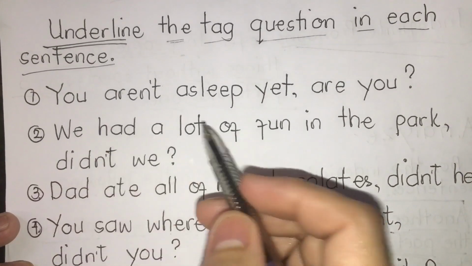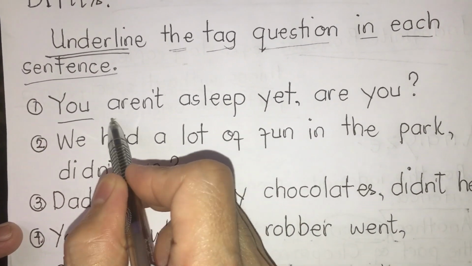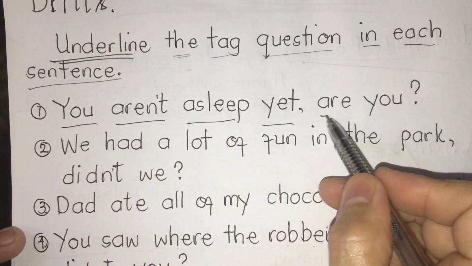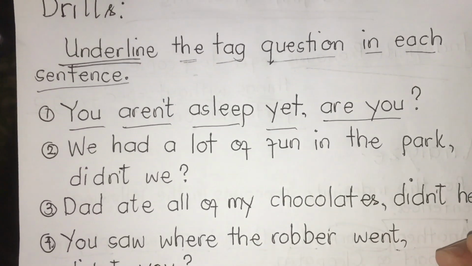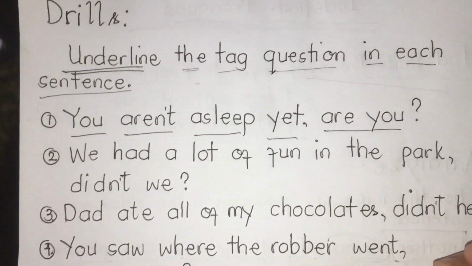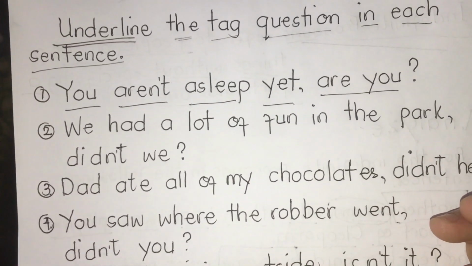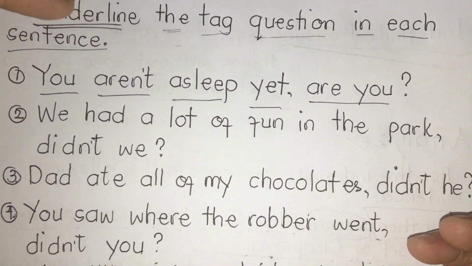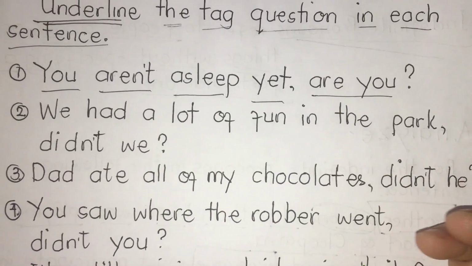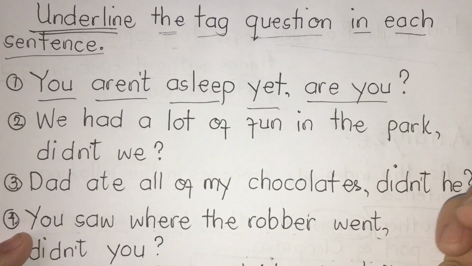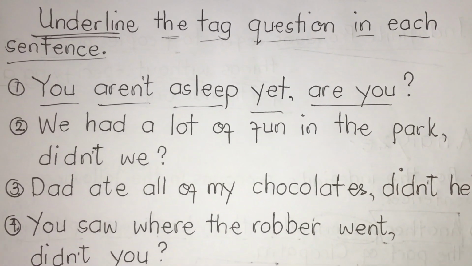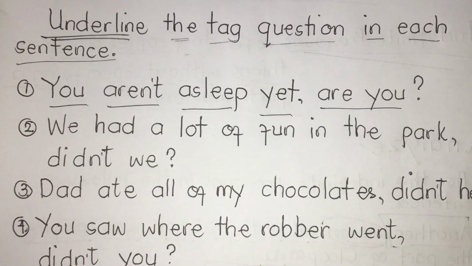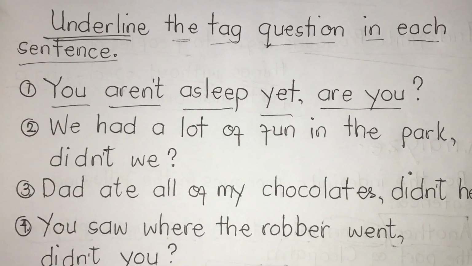For example, we're going to read: you aren't asleep yet, are you? Underline the tag question in the first sentence. You aren't asleep yet, are you? What tag question is that?